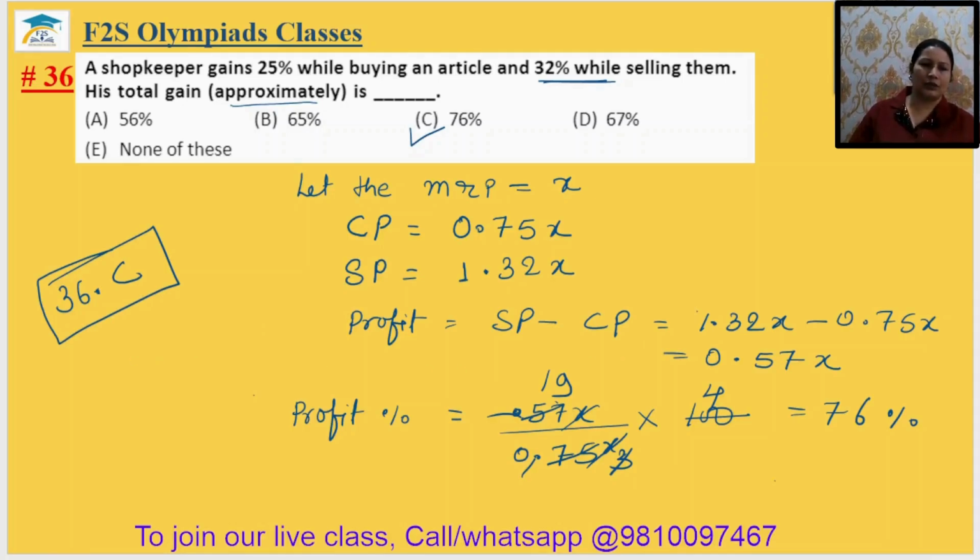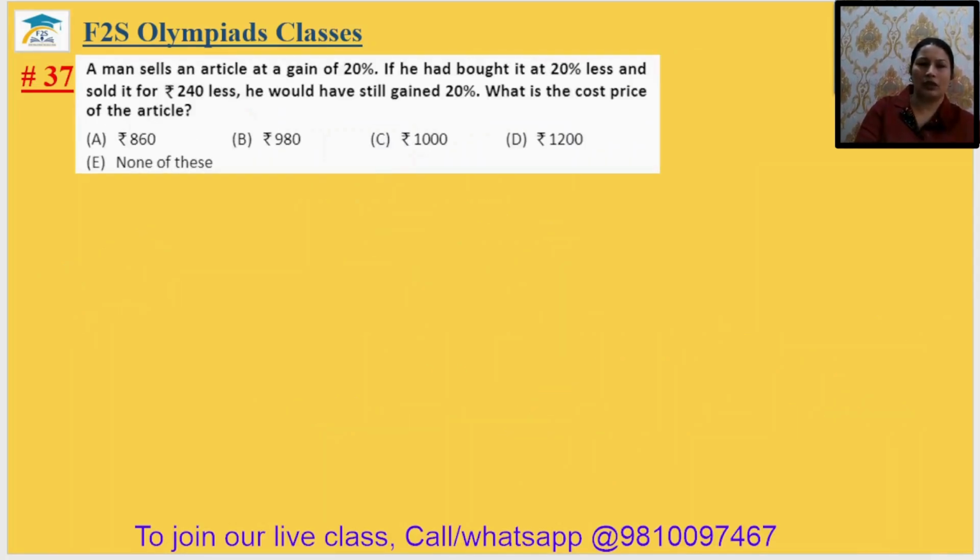Question number 37. Okay. A man sells an article at a gain of 20%. If he had bought it at 20% less and sold it for rupees 240 less, he would have still gained 20%. What is the cost price of the article? What is given here?